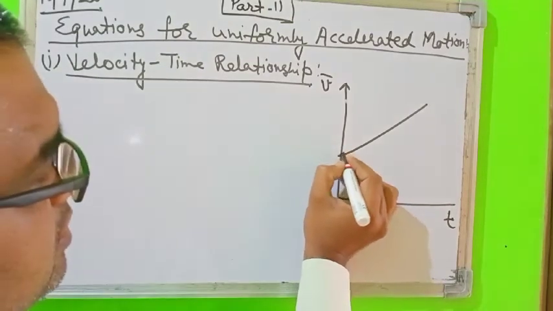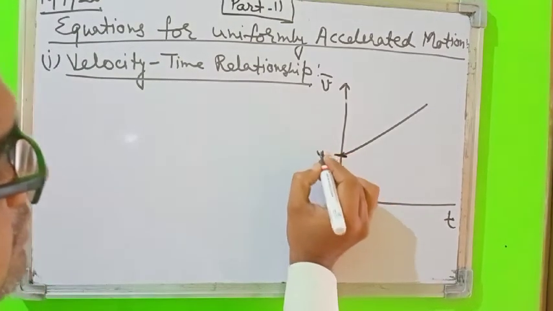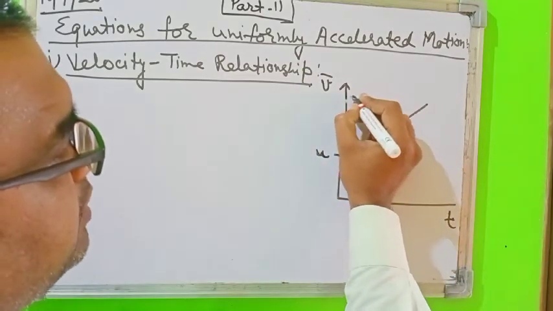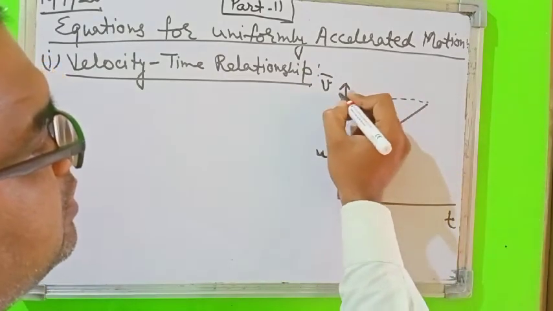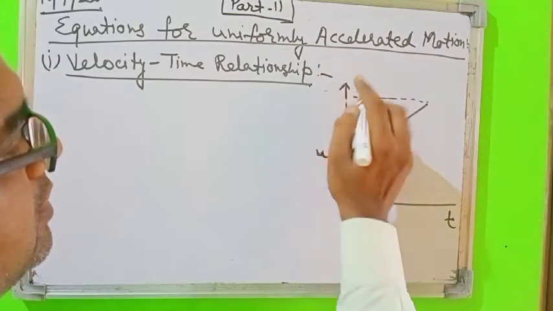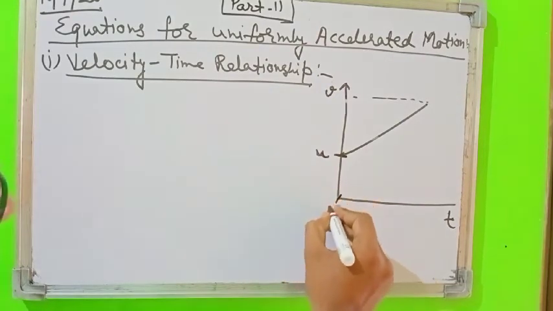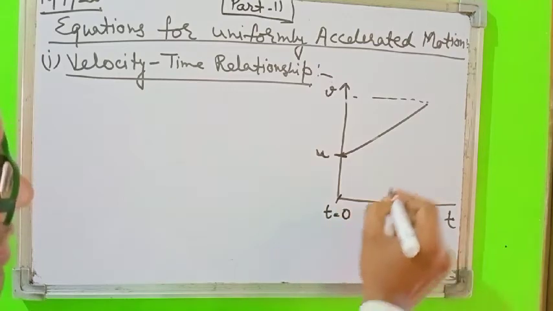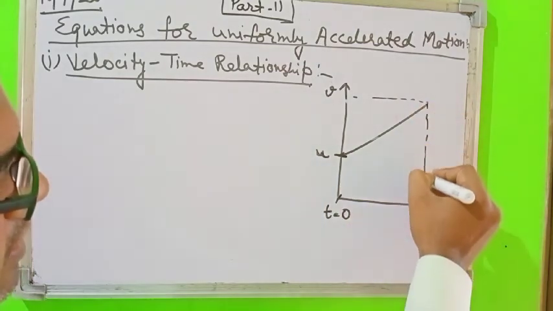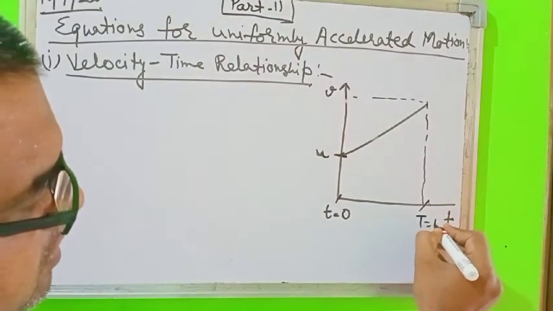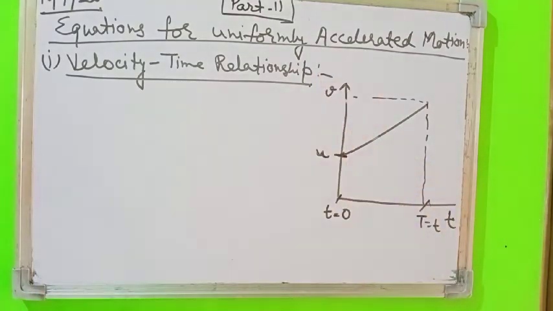This is the initial velocity u, and this is the final velocity v. The initial velocity u is at time t equal to 0, and the final velocity v is at time t equal to t. This is the time axis, this is the velocity axis.